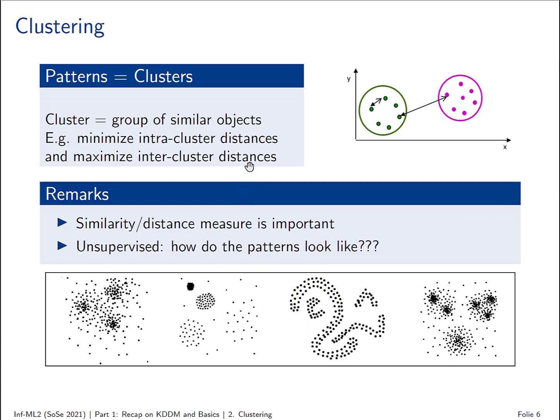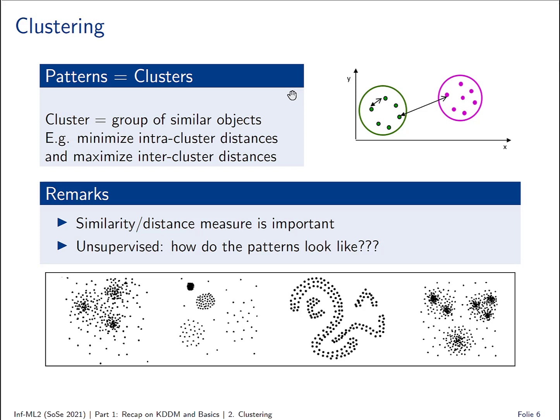So I just said that clustering is unsupervised, and the patterns that we look for are groups of similar objects, the clusters. And there are different ways to actually define what a clustering is, or what a cluster is. For example, like k-means does it, and EM does it, for example. We could look for groups of objects that minimize intra-cluster distances.